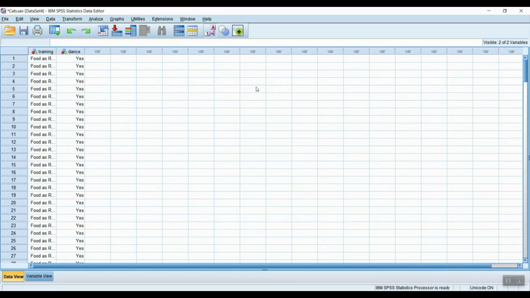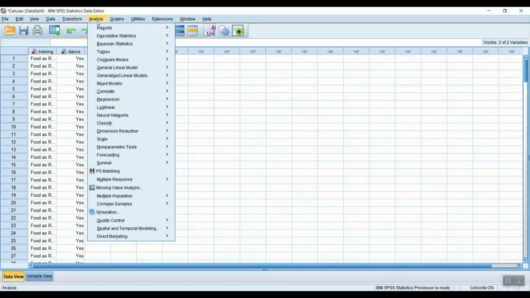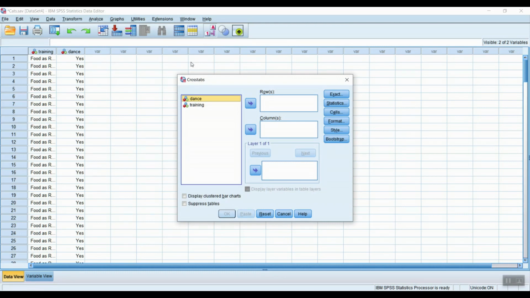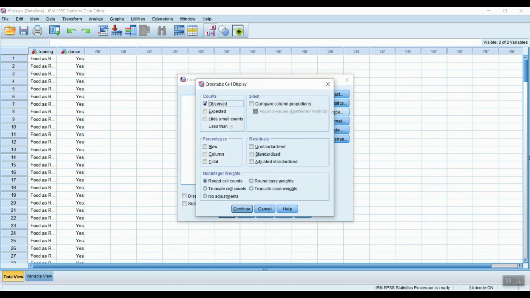So to analyze this data, we're going to go back to Analyze, Descriptive Statistics, and this time from the menu we're going to choose Crosstabs. The thing that's doing the predicting is the training, so we're going to put that in the rows, and then the dance, we're going to put that in the column. The Cells option is quite an important one here.